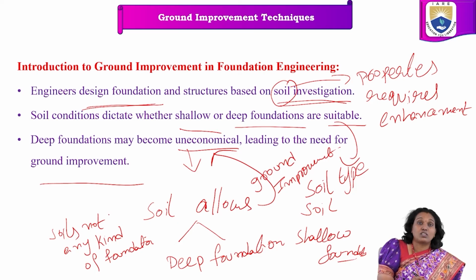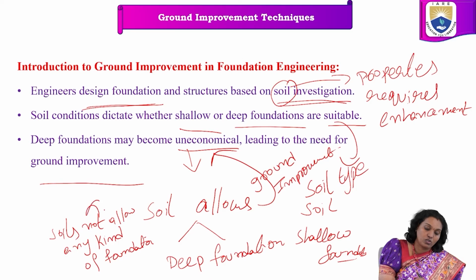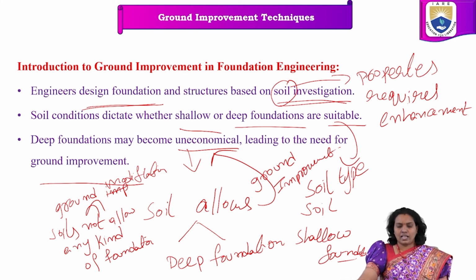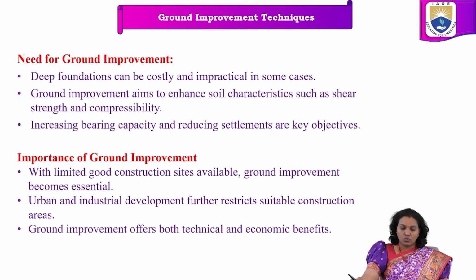Similarly, soils that do not allow any kind of foundation also require some kind of ground improvement, ground modification. Which type of ground modification, we will understand in the next modules.